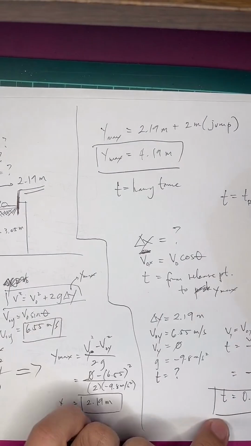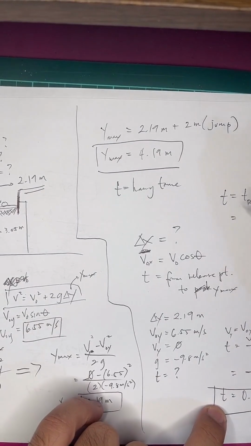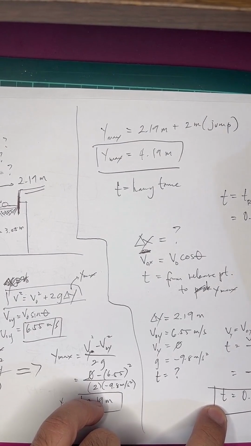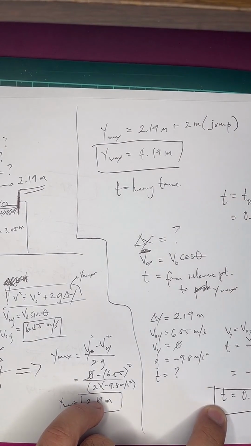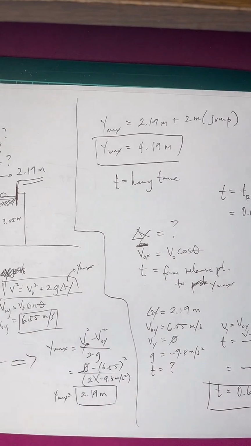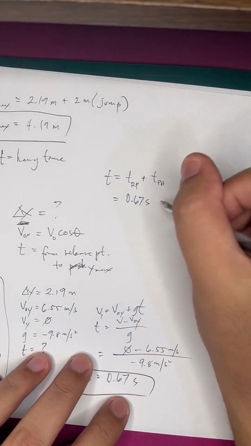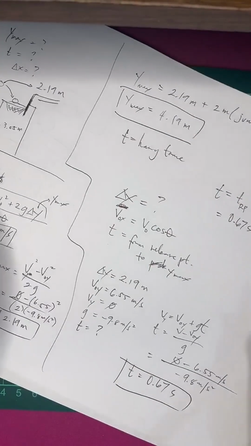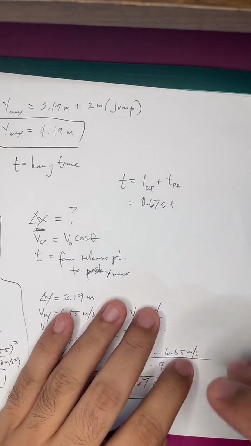Again, since we have computed the time already, that would be 0.67. This is the time from the release point to the peak, plus the time from the peak to the hoop, which was what again? 0.48 seconds. Sorry if I move around so much.